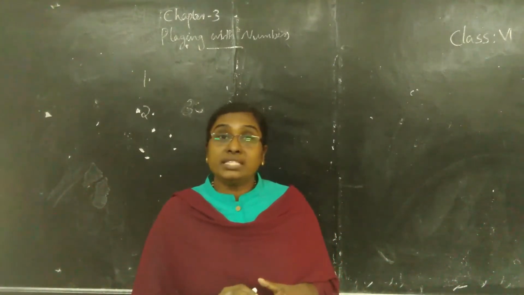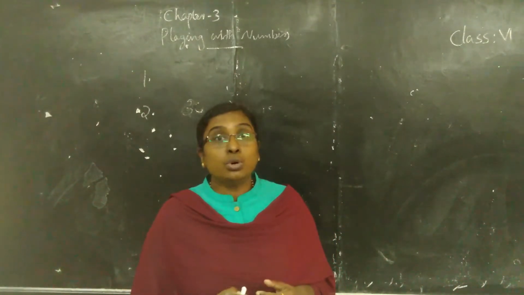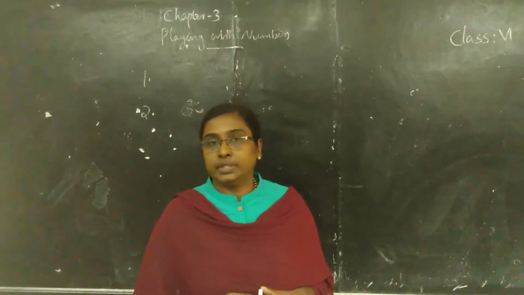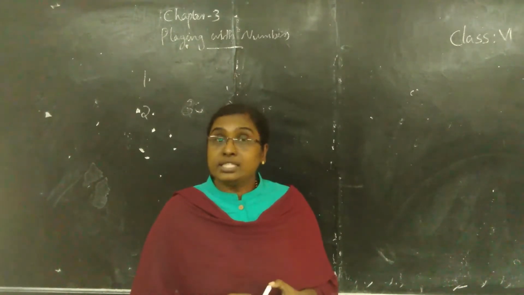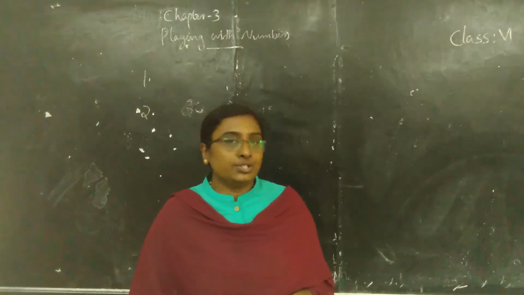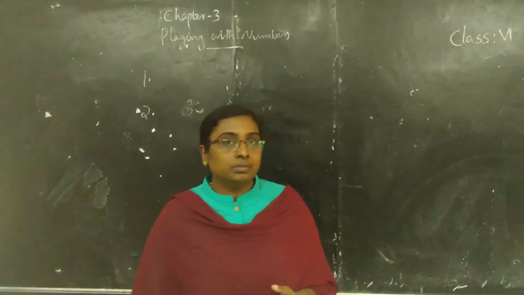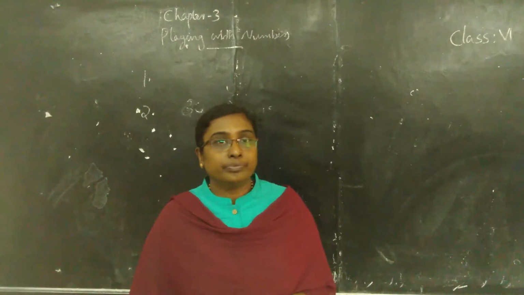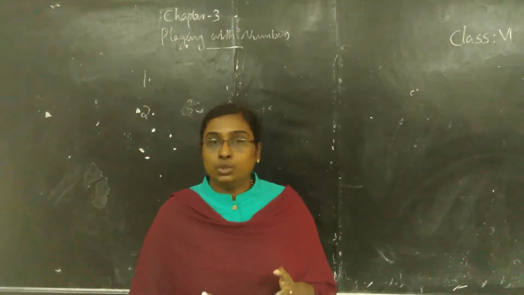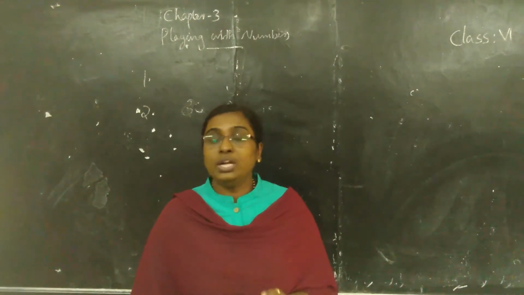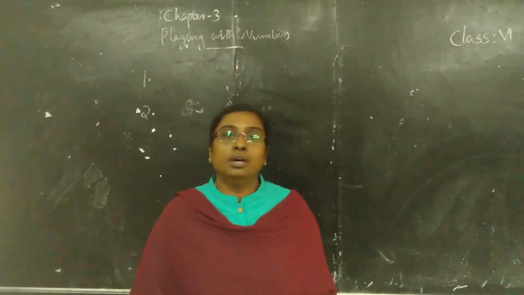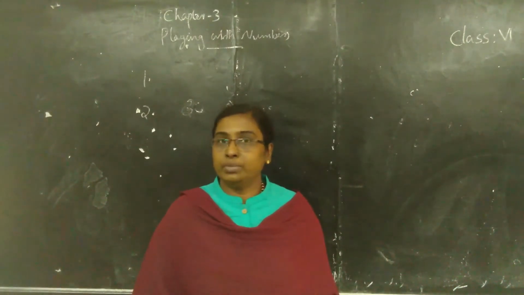if a number is divisible by two co-prime numbers, then it is divisible by their product also. You studied about co-prime numbers. What are co-prime numbers? If two numbers have only one as common factor, they are called co-prime numbers.